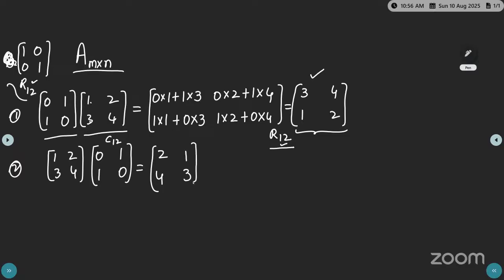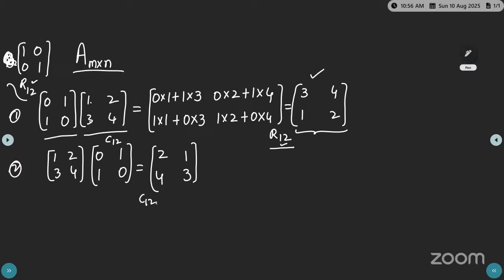I think you know better about this multiplication of matrices. Everybody knows this or not? Does anybody require an explanation regarding that multiplication? If you want it, just raise your hand, I'll explain. Is it clear? Right. So have you got the same C12 or not?